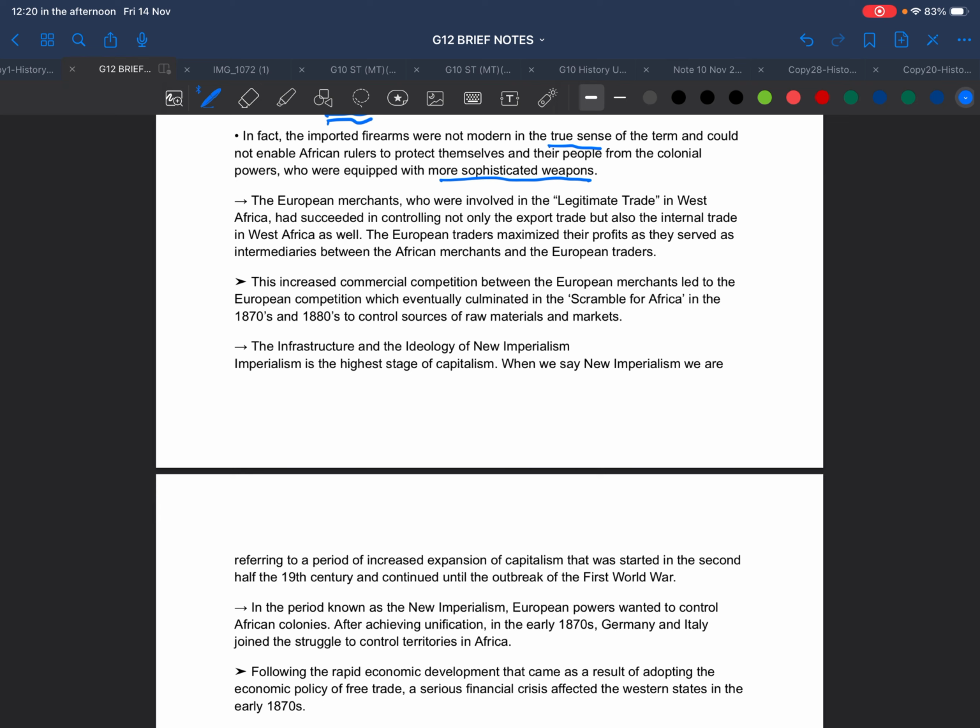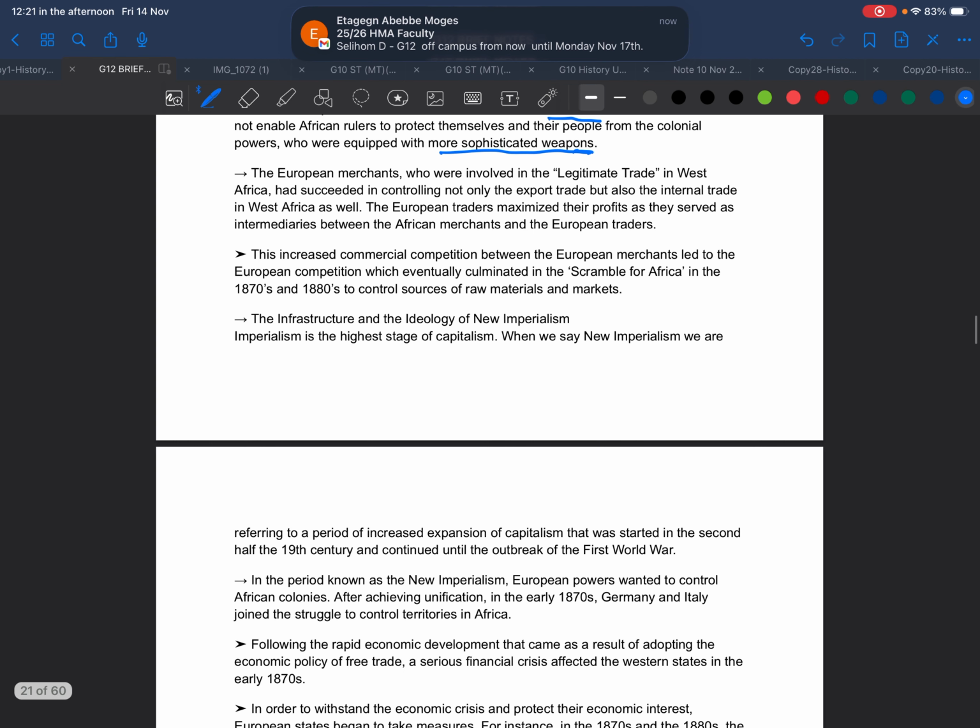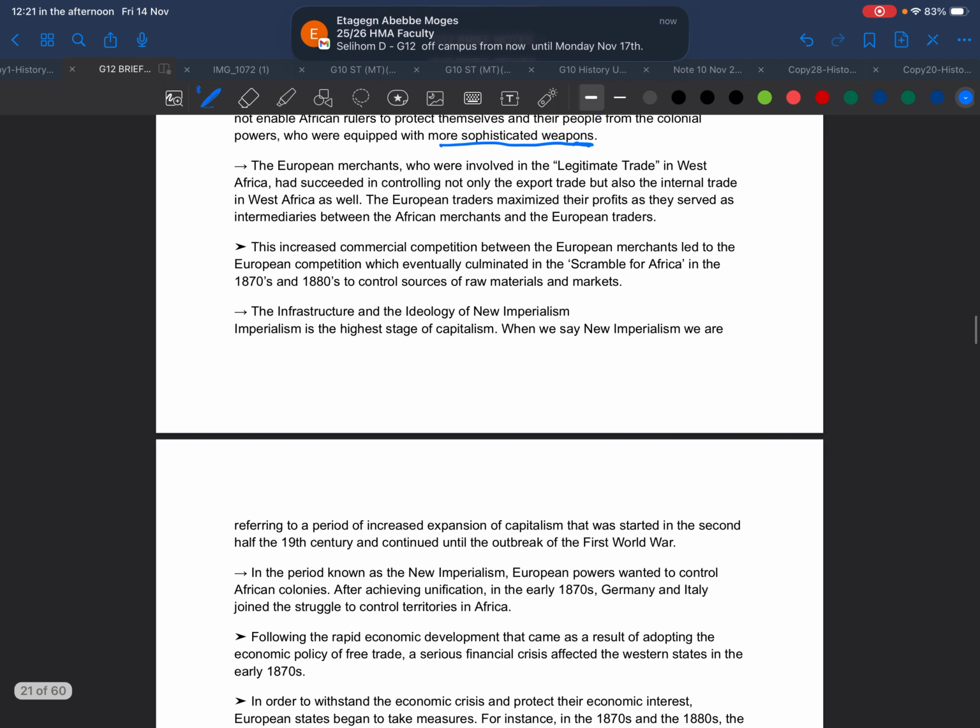The weapons were backward compared to the most sophisticated weapons of Europeans. So when they came to colonize Africa, African rulers remained with those backward European weapons and could be easily subdued by European colonizers who came with more sophisticated weapons.